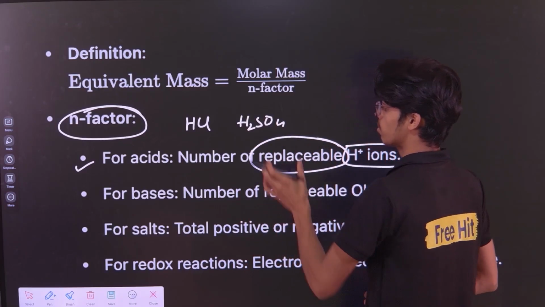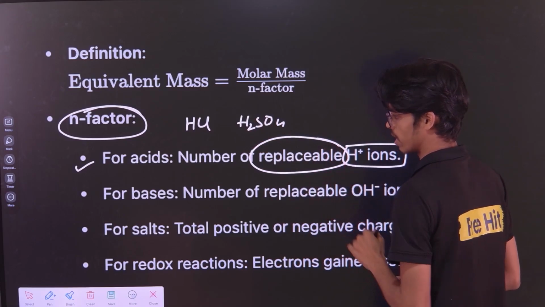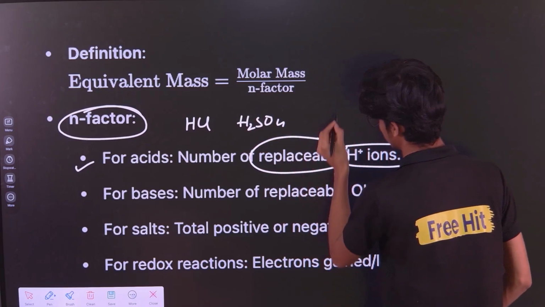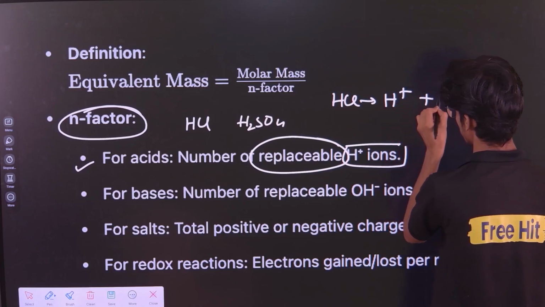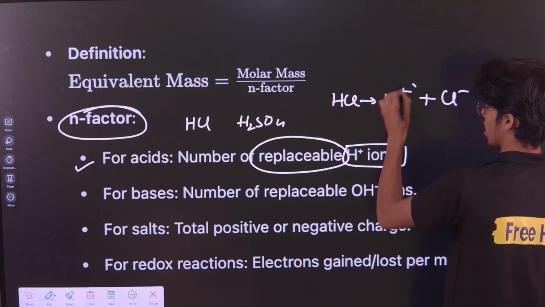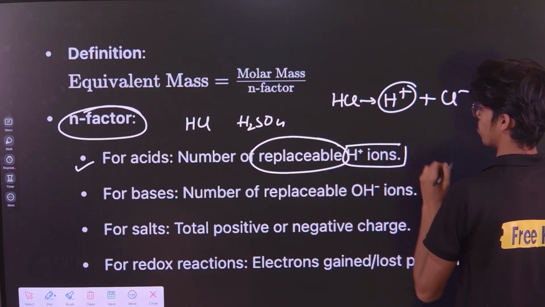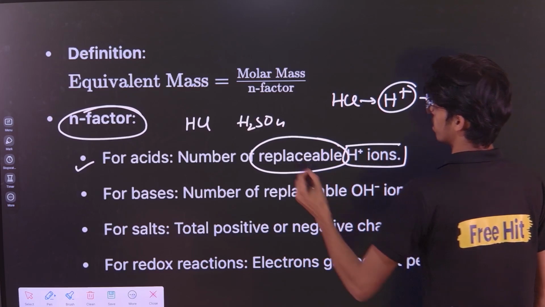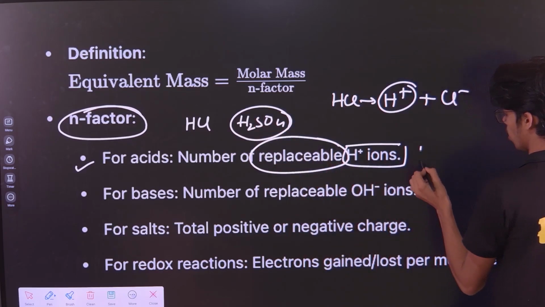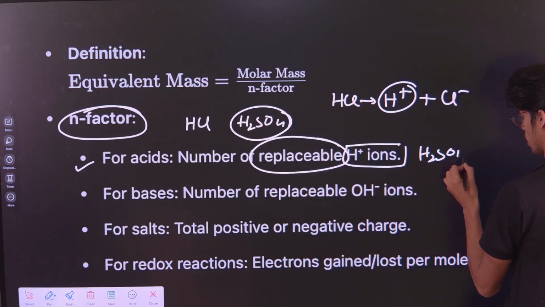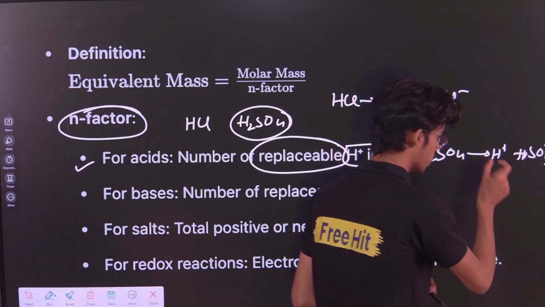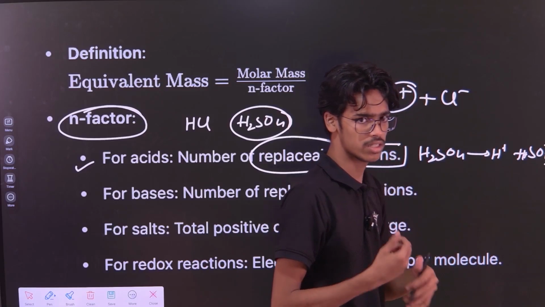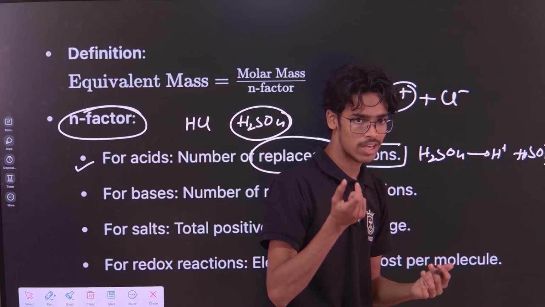Suppose H2SO4 has 2 hydrogen atoms. First take the easy one, HCl. HCl is going to dissolve and give one H+ ion, so the number of replaceable H+ ions is 1. If an acid gives out 1 H+ ion during dissolution, then the value of n is 1.